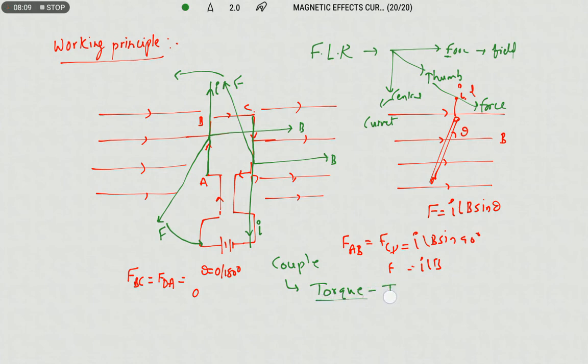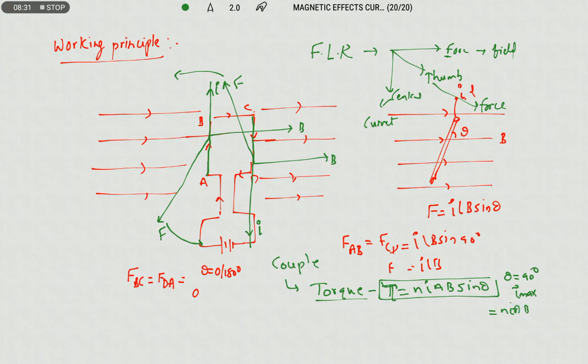So torque acting on a coil is equal to NIAB sin theta. When the coil is placed perpendicular to the magnetic field, theta equals 90 and the torque acting on it is maximum, equal to NIAB.